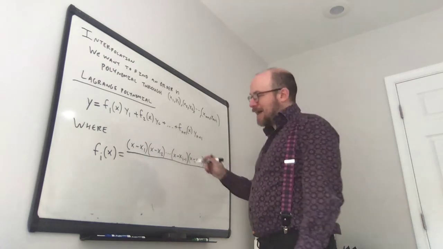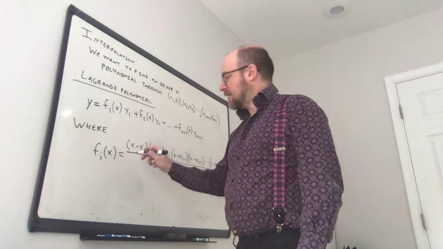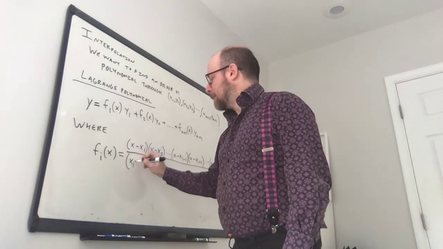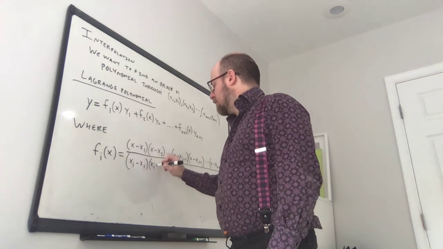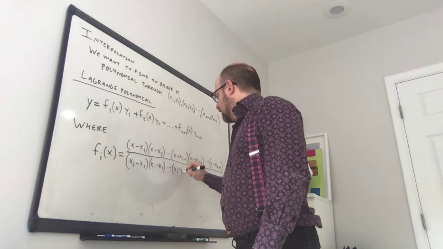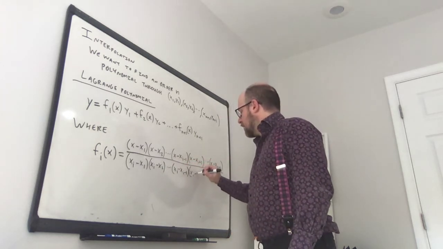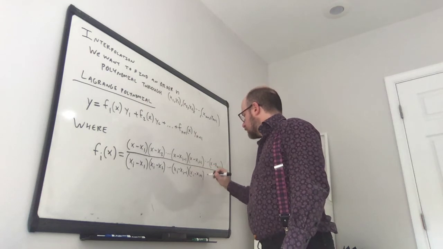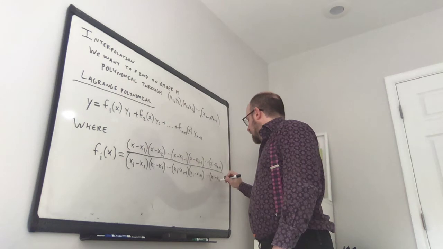Similarly, in the denominator, this is basically the same, except we replace x with xi. So xi minus x1, xi minus x2, xi minus xi minus 1, xi minus xi plus 1, and xi minus x n plus 1.